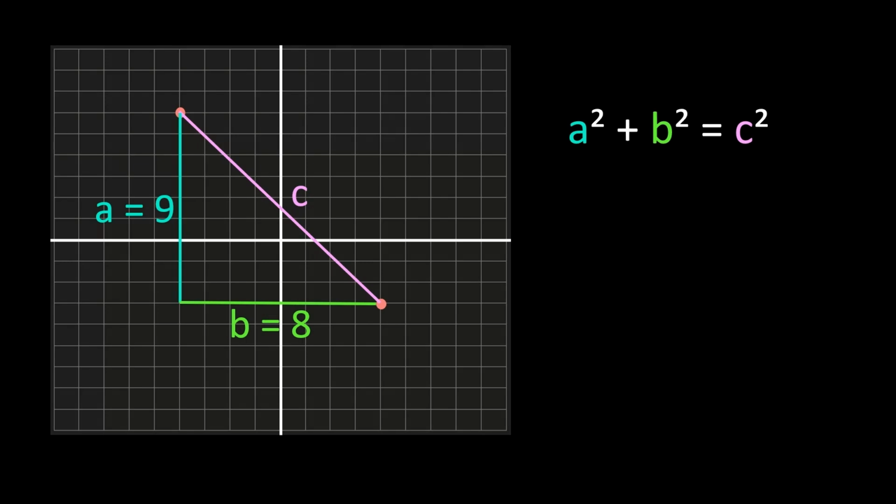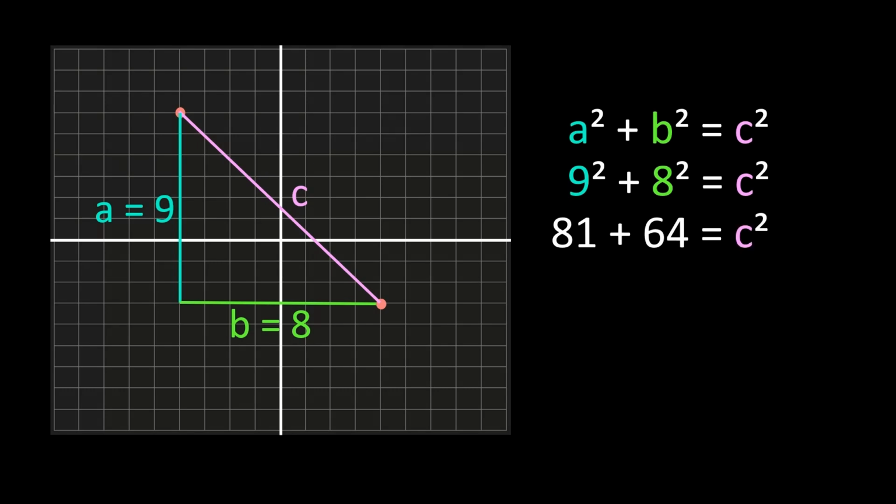Now that I have A and B, I can plug those values into my formula. Well, A was 9, so I have 9 squared, plus B was 8, so 8 squared equals C squared. 9 squared is 9 times 9, which is 81. B squared is 8 times 8, which is 64, equals C squared. 81 plus 64 is 145, equals c squared.